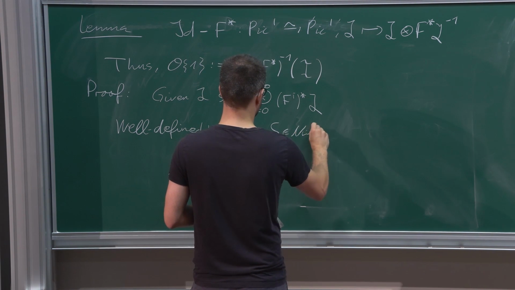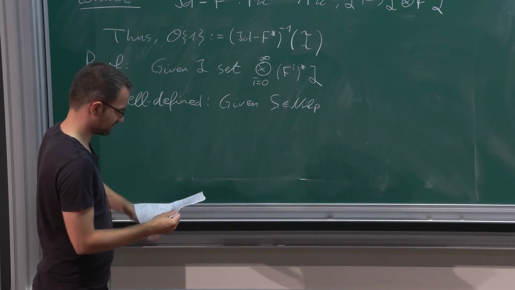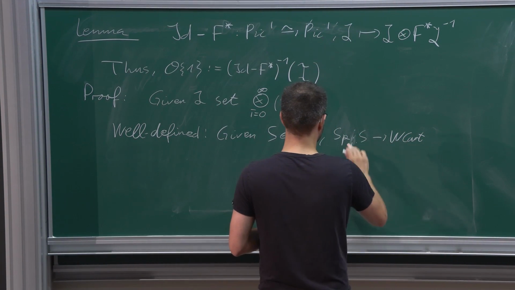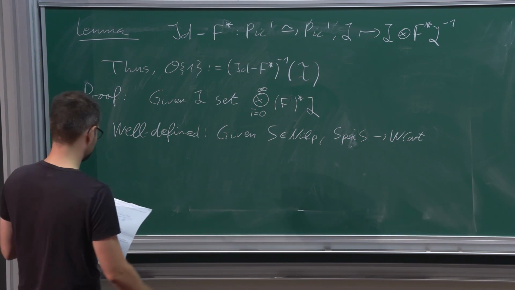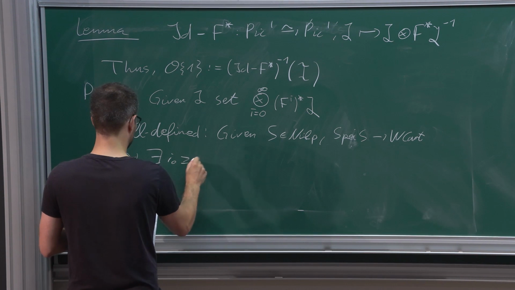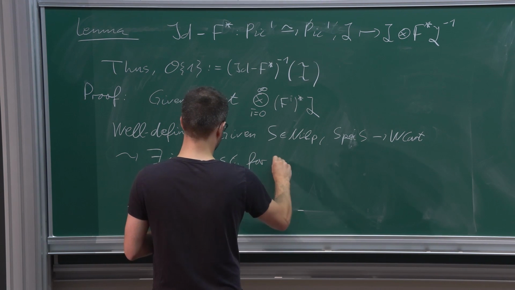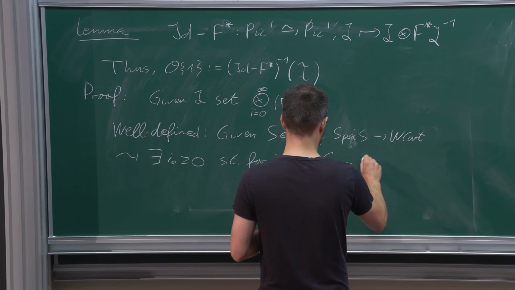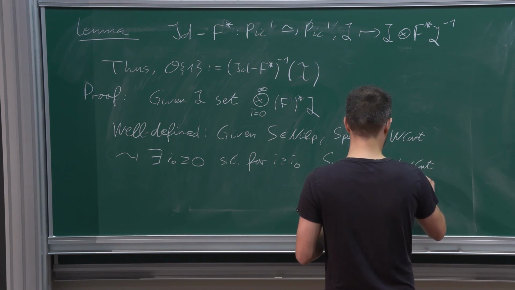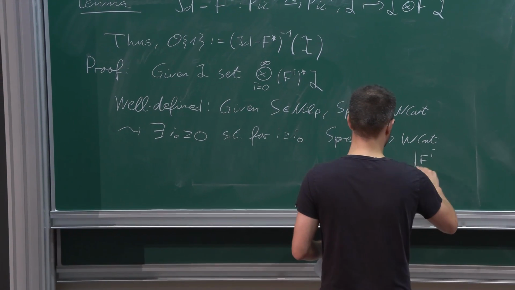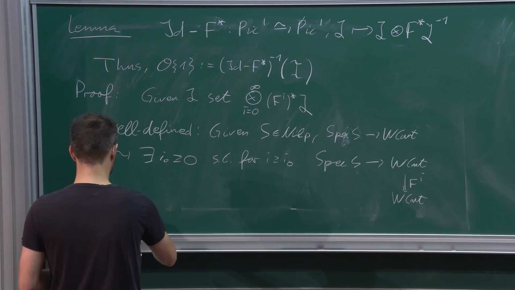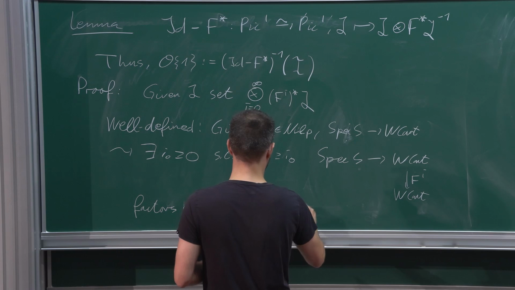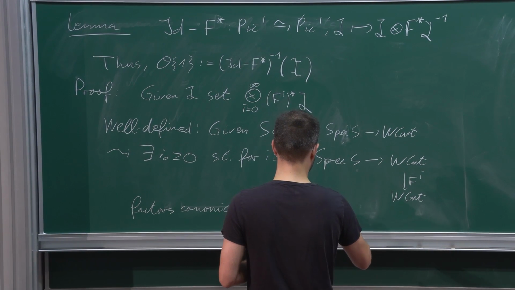Given any p-nilpotent ring S with a morphism from Spf S to W card, there exists an i_0 greater or equal than 0 such that for all i greater or equal than i_0, the morphism Spf S to W card, composed with the i-fold power of Frobenius, factors canonically over the morphism rho from Spf of Z_p to here.